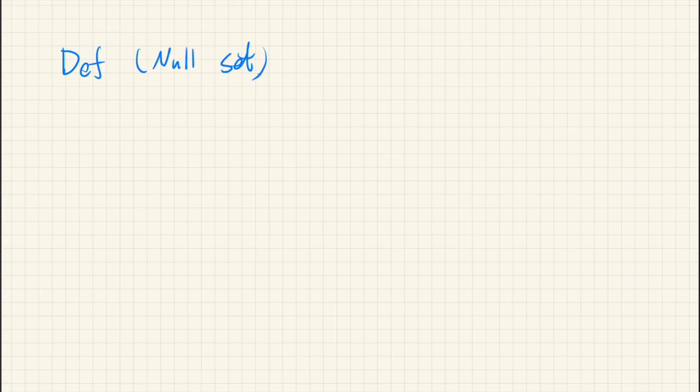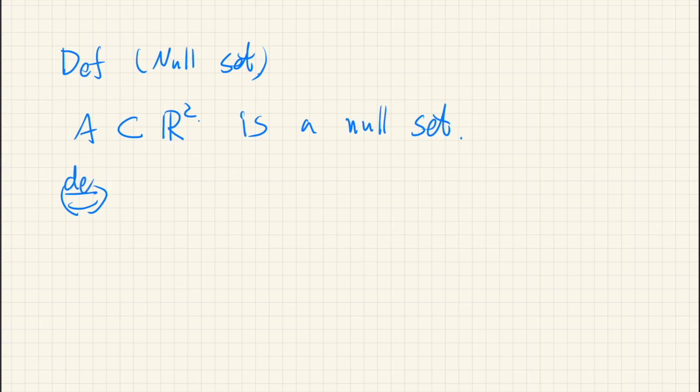We here consider only the two-dimensional case, but the arbitrary dimensional case is very similar. So A, a subset of the two-dimensional plane, is called a null set if the following condition is satisfied. So this is the definition.